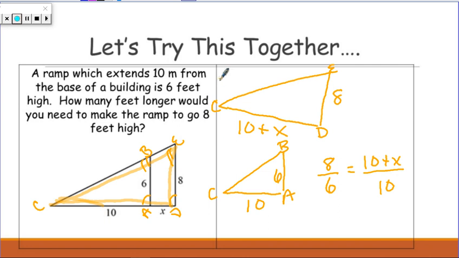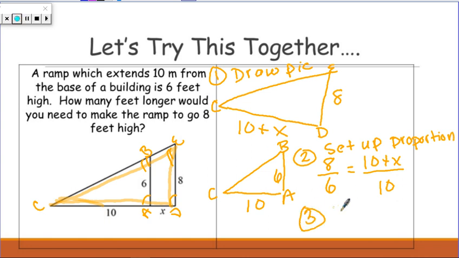This is your first step. Step 1, draw a picture. Then step 2, set up the proportion. And now we're going to go down to step 3, solve the proportion.